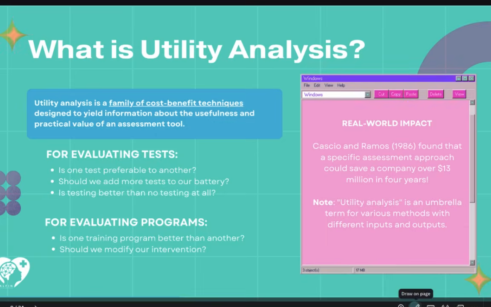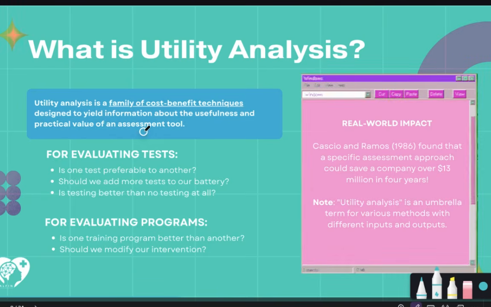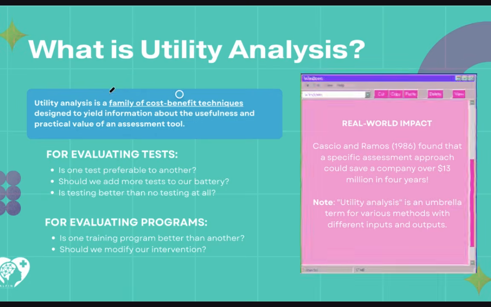So before we ask how we compute utility analysis, let's first ask what is utility analysis. Utility analysis, as I mentioned, in its simplest form, in a nutshell, is about a certain family of techniques.